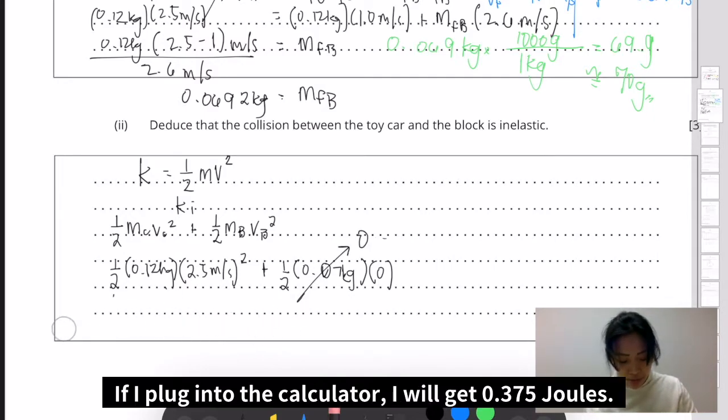Plugging the whole term into the calculator, 2.5 times 2.5 times 0.12 divided by 2, I will get 0.375 joules.